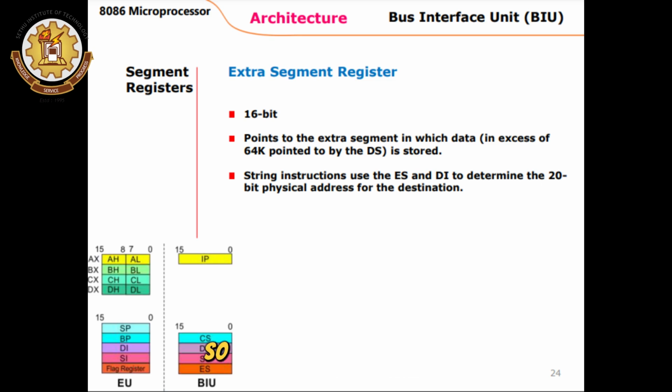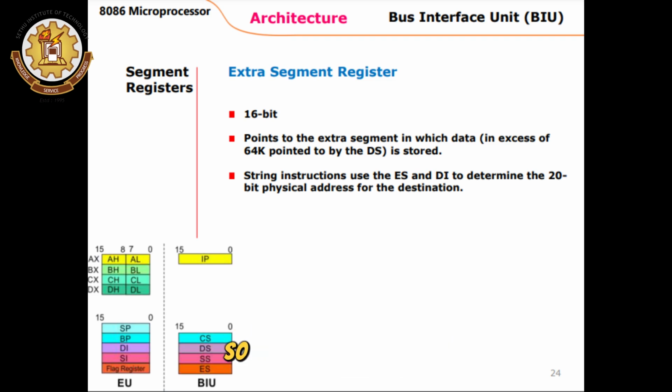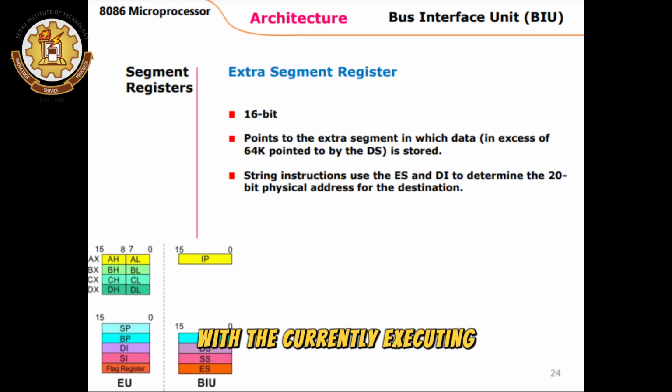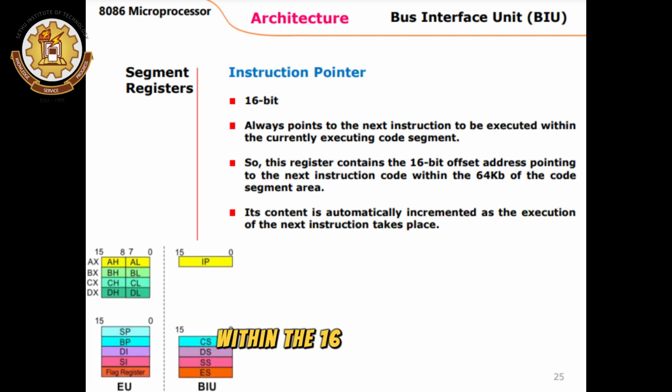After the segment registers, we come to the instruction pointer. This is also a 16-bit register that always points to the next instruction to be executed within the currently executing code segment. The register contains a 16-bit offset address pointing to the next instruction within the 64 KB of the segment area.